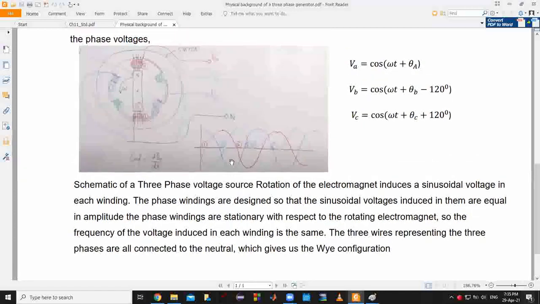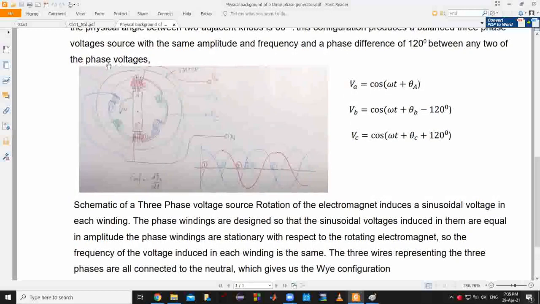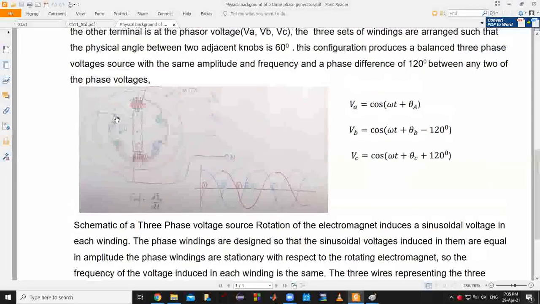A balanced three-phase circuit would involve three of those coils. So we get a stator, which is this. In a generator, we have the stator, which is the immovable part, and the rotor. The stator has 6 knobs, 1, 2, 3, 4, 5, 6.